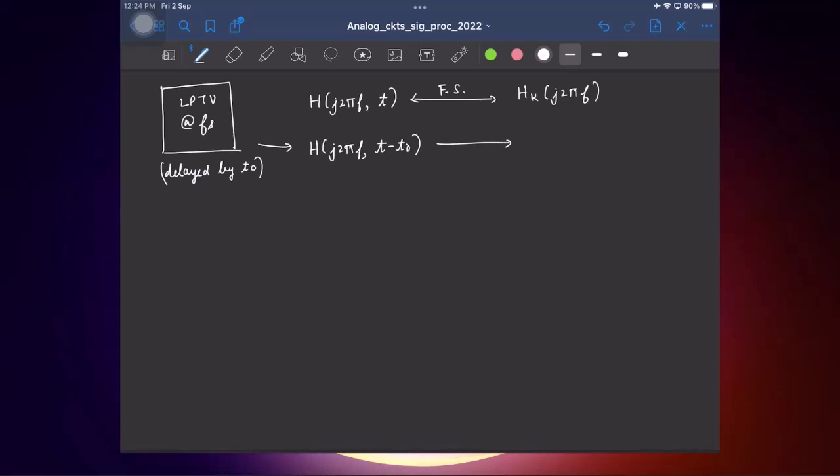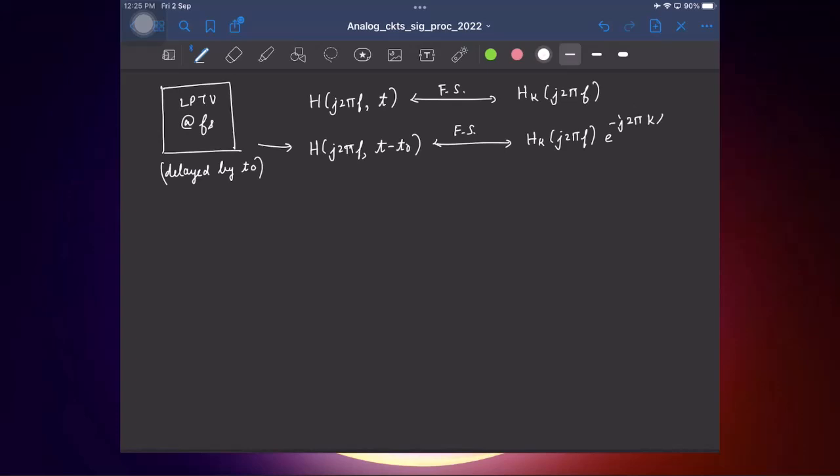So now if I take the Fourier series coefficients for this, what will I get? Right? So it's just a delay. So we'll have a corresponding phase shift, which is e power minus j 2 pi k fs times T0.